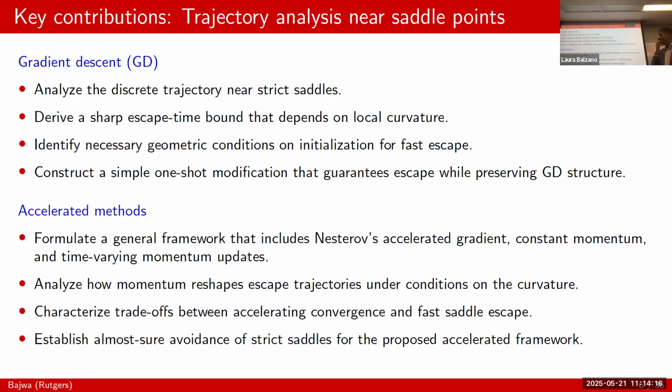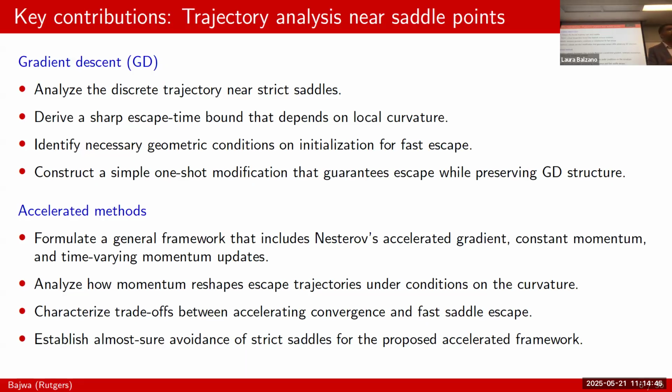And then we'll move to accelerated methods. Accelerated methods are much more difficult to analyze in this setting, because whether you view them as dynamical systems in N, where N is your ambient dimension, or in 2N, the trajectories can basically spiral around the saddle neighborhood. The other issue is that momentum-based accelerated methods are not monotonic in Euclidean distance, right?